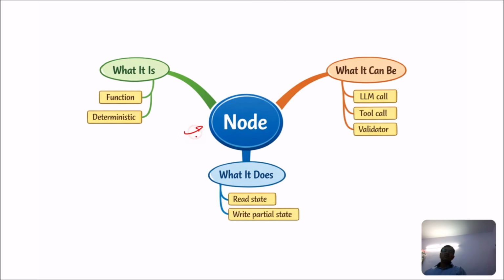Now the next thing is node, because three components are there in LangGraph. So what is a node? A node is just like a graph node. It is a container. This container may contain a Python function.